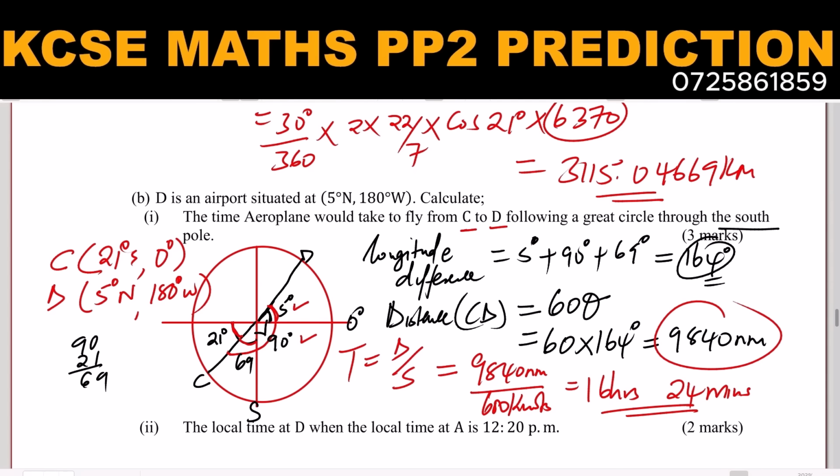So A will be ahead of time, and D will be behind time as compared to A. Therefore, to get the time we simply take 12:20 p.m. and subtract 10 hours, and this will give 2:20 a.m. The reason we are subtracting is because D will be behind A, and you're doing this considering the positions on longitudes.